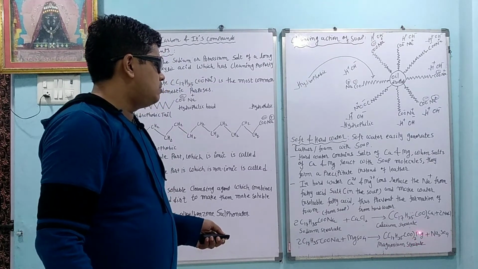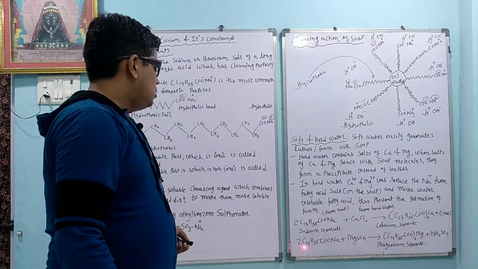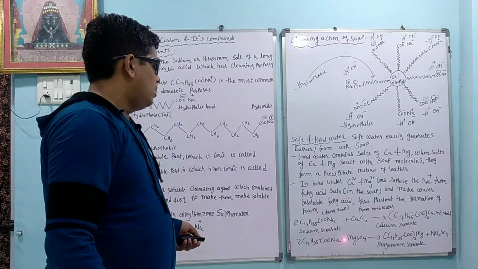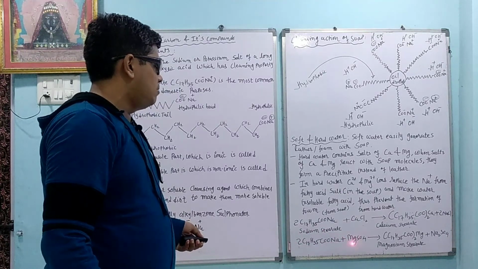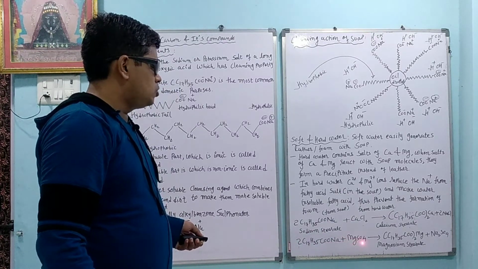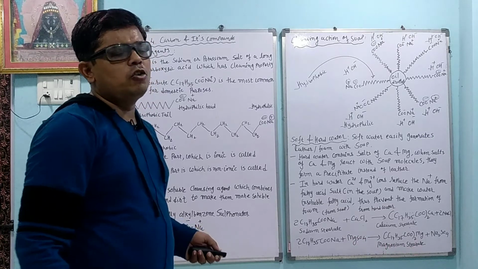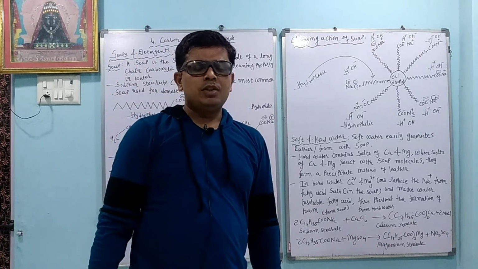It is insoluble in water, and because of that the C17H35COONa will not react with the dirt, but it reacts with the Mg2+ ion in the form of MgSO4 and a precipitate occurs. So we cannot remove the dirt when we use the soap.